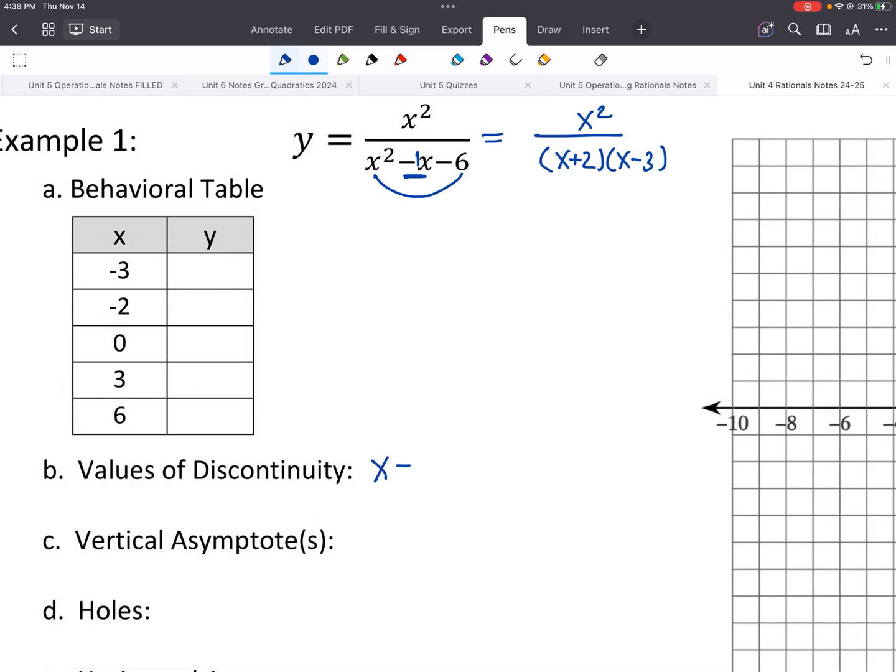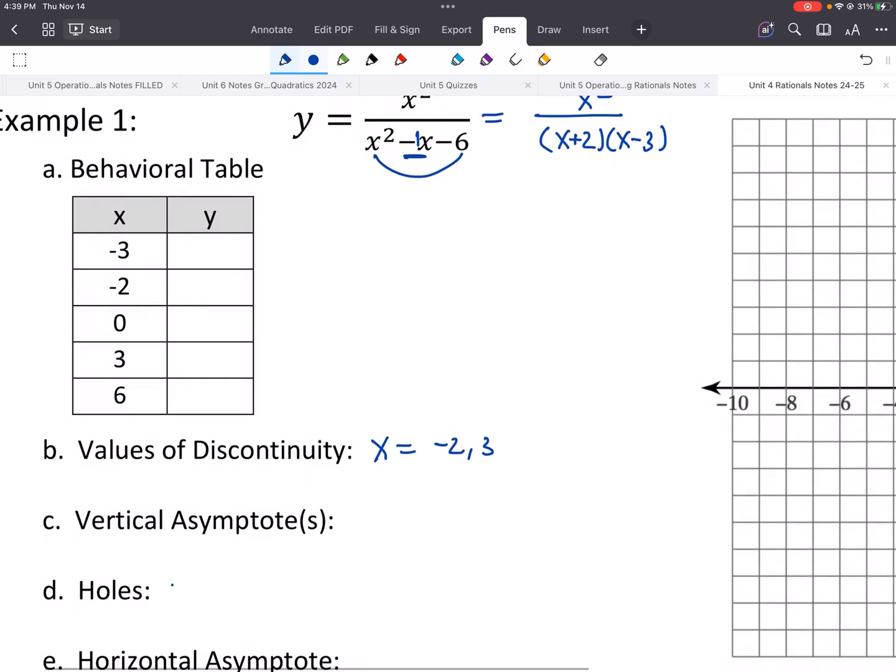We'd want to write down our values of discontinuity. So x cannot be negative 2 or 3. Those are what x would have to be to have a 0 in the denominator. And then holes: we don't have any holes here, so we could write DNE.